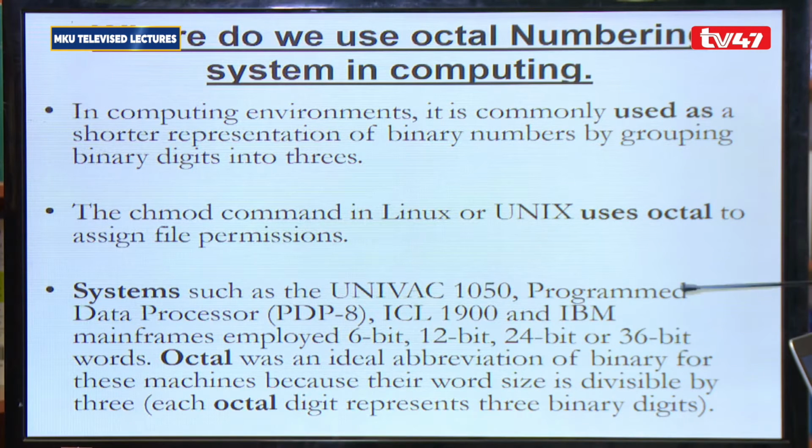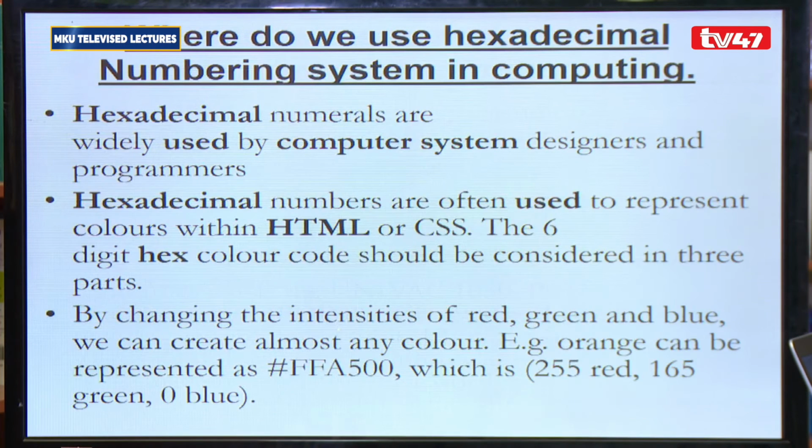And today we have a more modified version of this representation using the binary system. We also have the hexadecimal system. Where do we use it? The hexadecimal system is used in computer system design alongside programming.